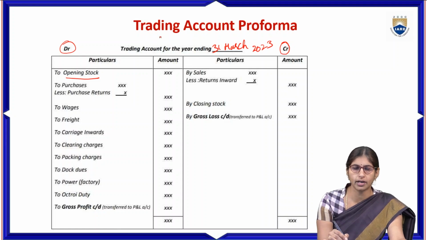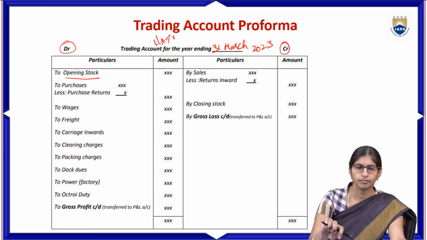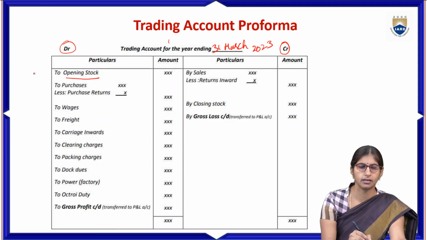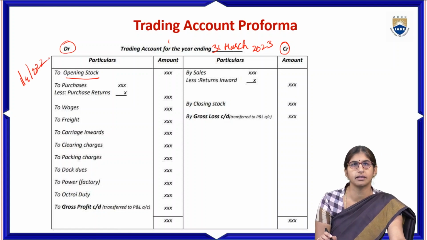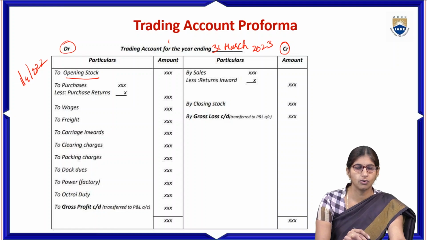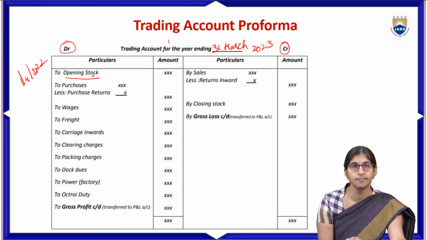Opening stock is as on 1st April 2022. What is the stock inventory which is there in the factory on 1st April 2022? That is opening stock, and we are going to write that on the debit side of the trading account.